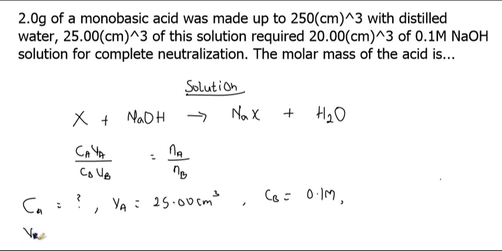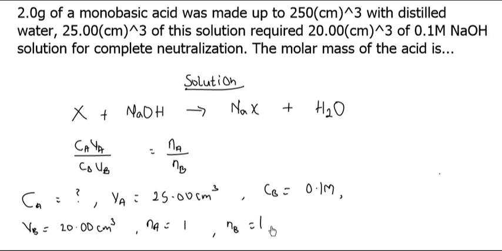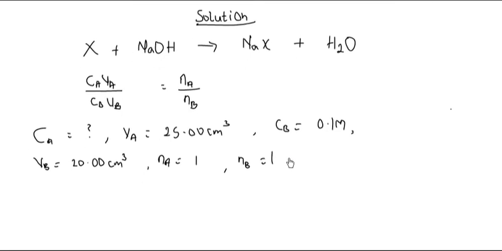Vb is 20.00 cm³. Na is 1, that is the coefficient of the acid, and Nb is 1 as well. So let's proceed.